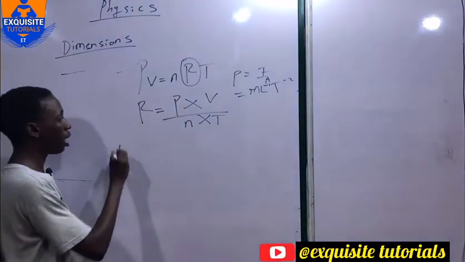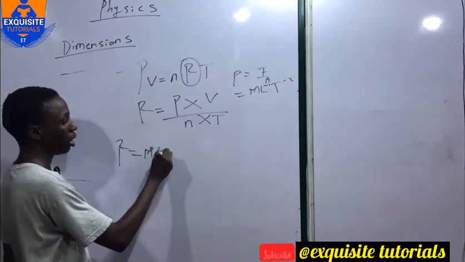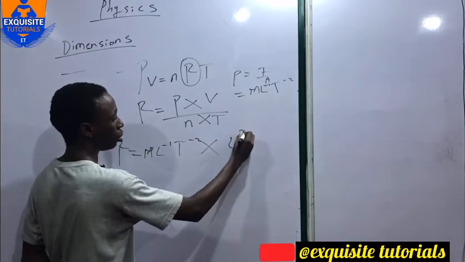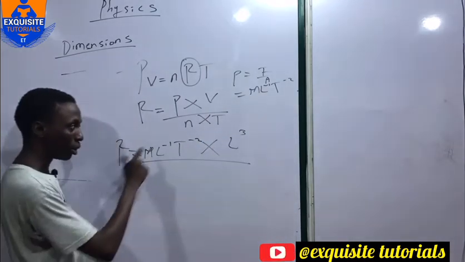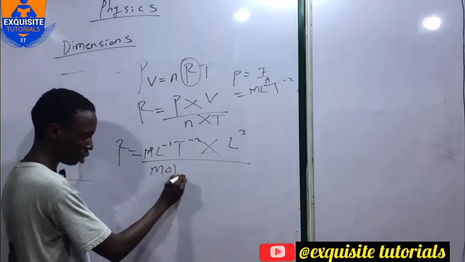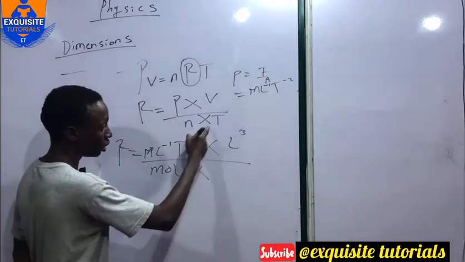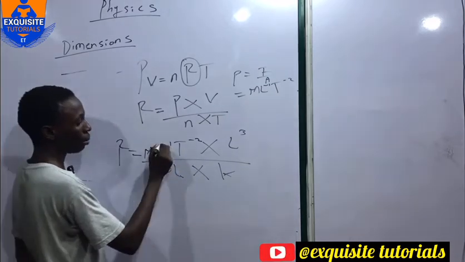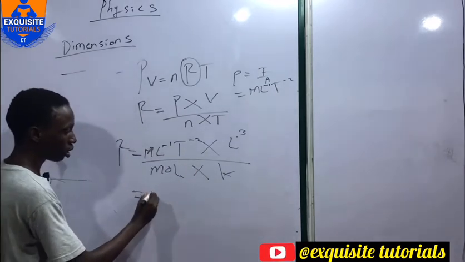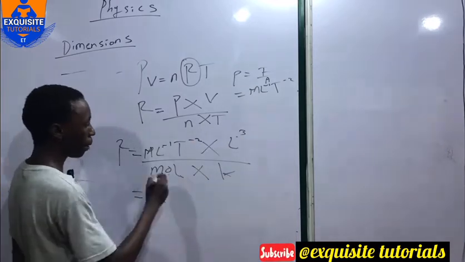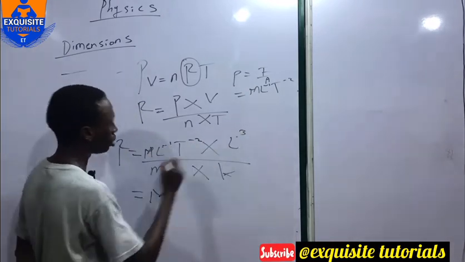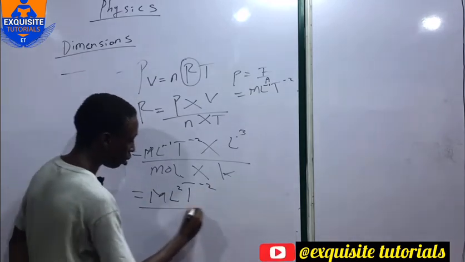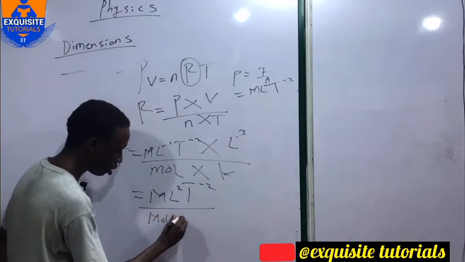Now therefore R will be equal to ML^-1 T^-2 times volume, which is L^3, mole can be represented in mol, and temperature can be represented in Kelvin. Please don't forget this. Now this can multiply this, so it will be M L^(-1+3) T^-2 over mole times Kelvin.